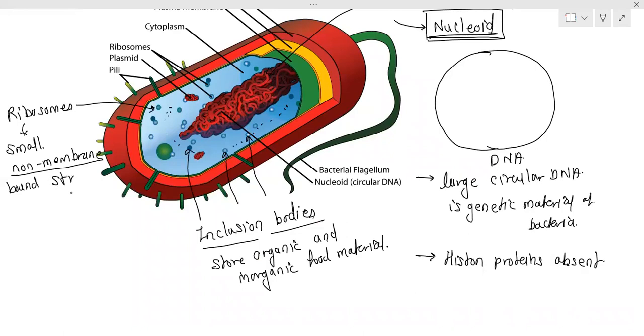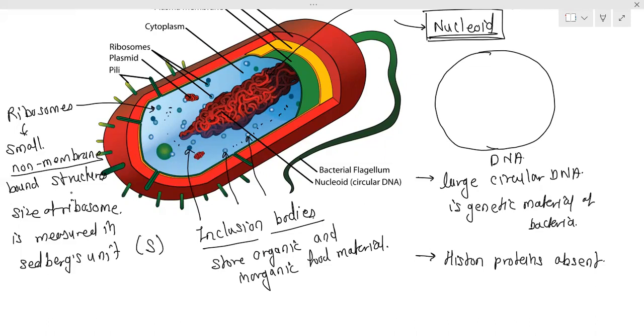Now the size of a ribosome in bacteria is measured in something called Svedberg's unit, and it is indicated as capital S. So in bacteria, the size of the ribosome is 70S.